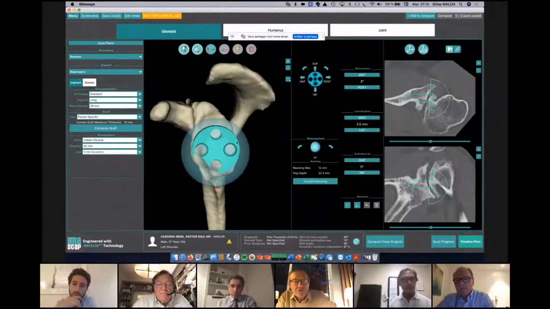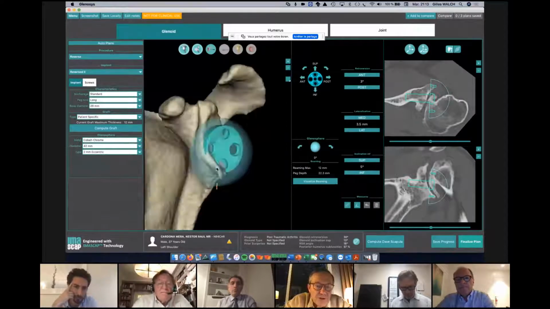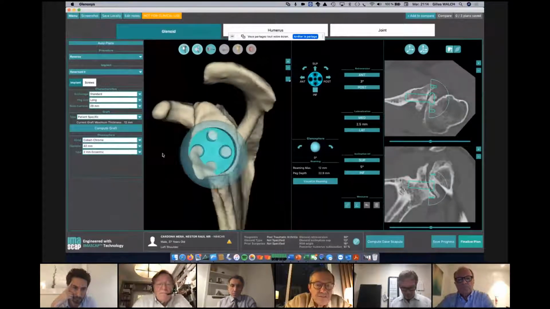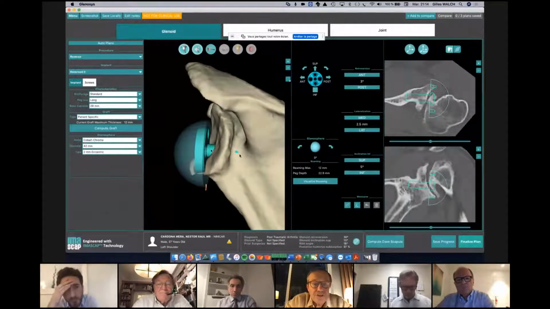So now on this screen, I make sure that the baseplate is flush with the inferior part of the glenoid. So I need to go a little bit more inferior. Here we go. It's probably, yes, it is correct. Then I check that we have no posterior perforation.